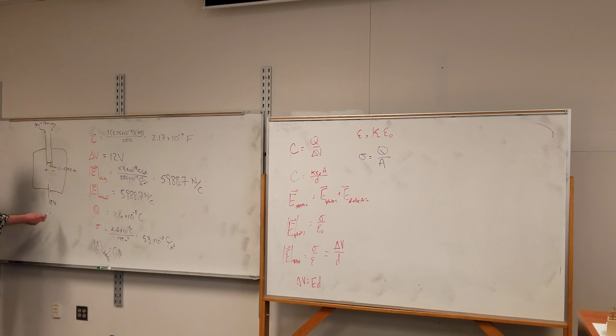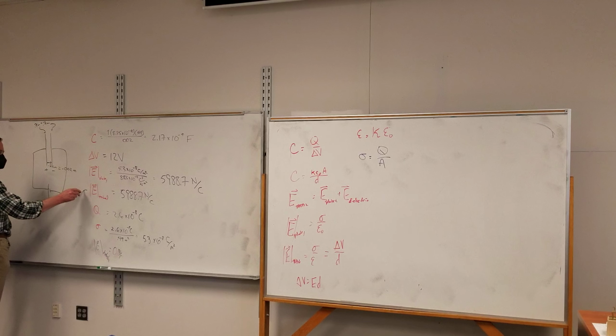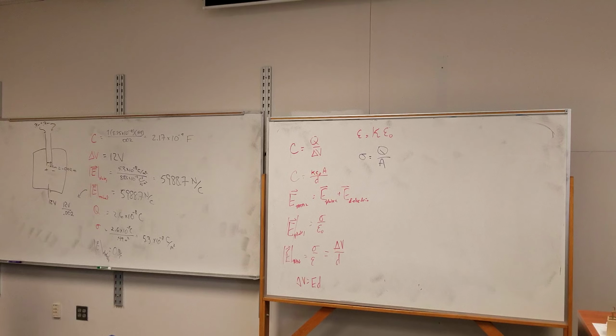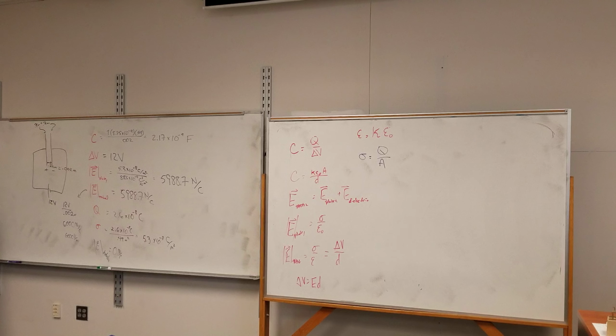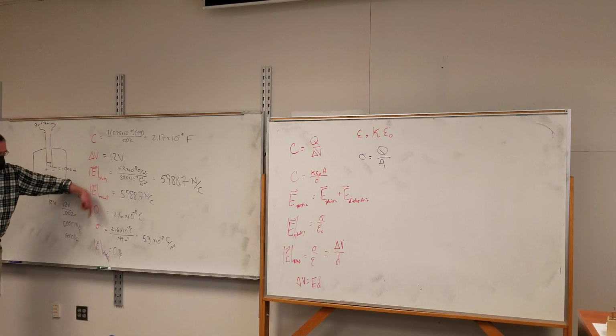So this should also be equal to 12 volts divided by 0.002, which is 6,000 volts per meter or newtons per coulomb. And so we can see there's a rounding difference in there.